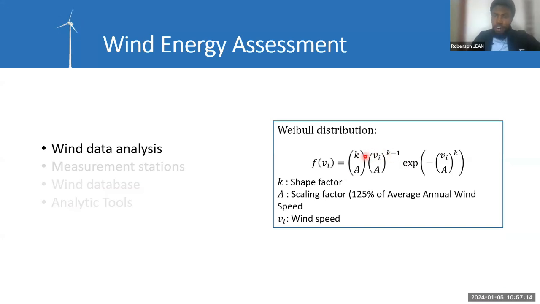So this is in order to determine some probability density function in order to make a statistical approach. This is the variable distribution function that we can use when we have a time series data set, so we can transform it into a probability density function in order to know how often I can have a high wind speed.